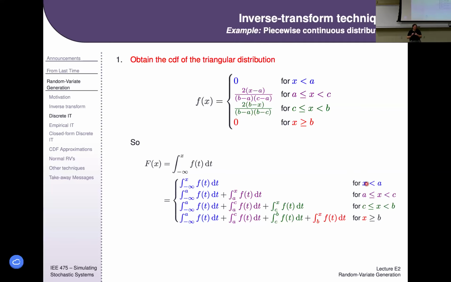But once we hit A, that minimum, I flip to the second row, and the first row offers a constant offset to the second row. So I integrate that first row from negative infinity up to that A point, and the variable part is only from A up to the current X, and that's where the second row pops in. I do that for every row, and that's why it grows.